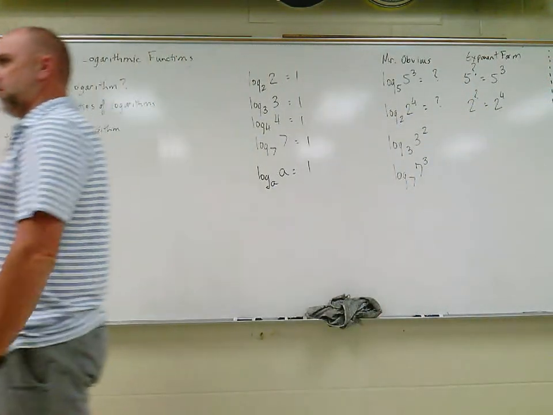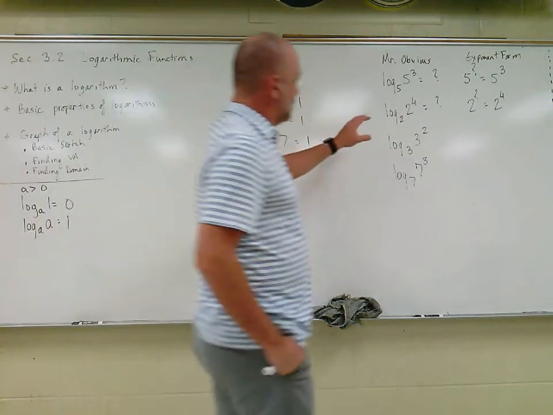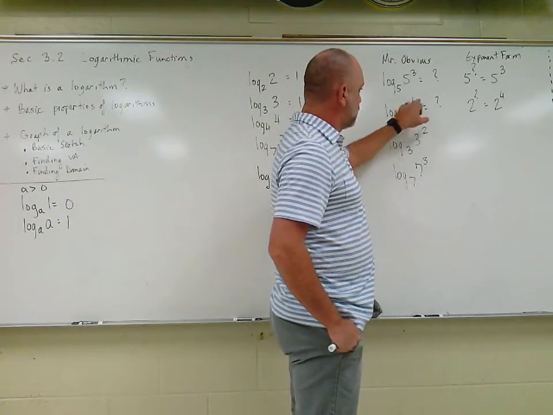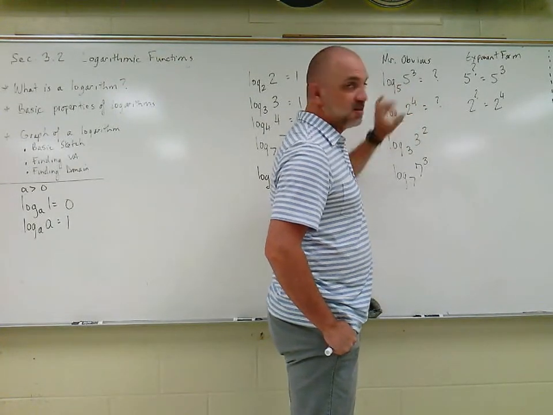And then let's see if we can figure out what the shortcut or the property is. Go back to always what the log is asking. This is read log base 2 of 2 to the 4th, but it's asking 2 to what power is the inside?